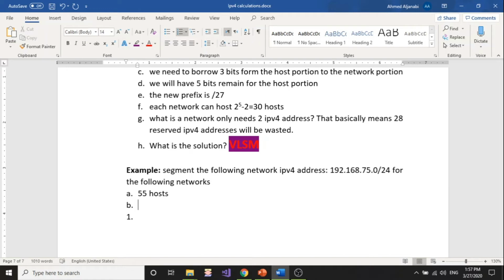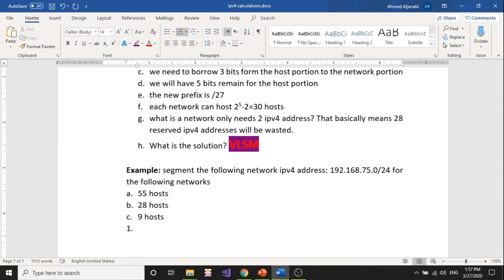Network number 2 has 28 hosts. Network number 3 has, let's say, 9 hosts.